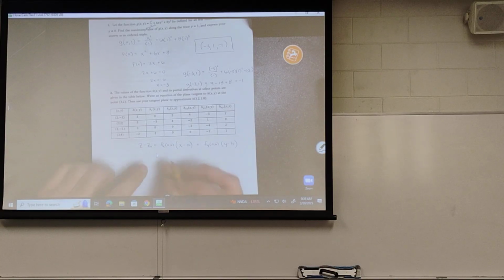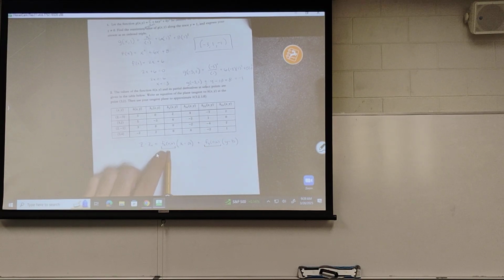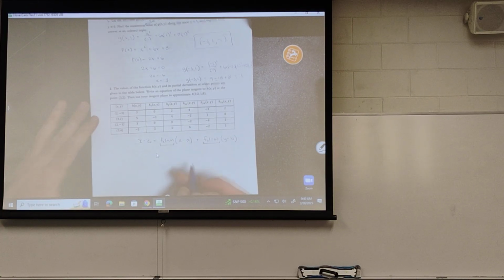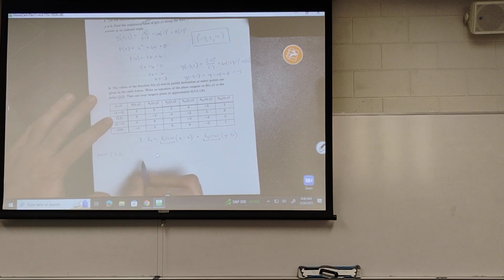Just so we can see it, it's still like Calc 1, the slope times x minus the x coordinate. Now in Calc 3, we've just got a slope times y minus the y coordinate. If we really want to think of this in space, you have the point, it wants it at 3, 2. What is the z coordinate?